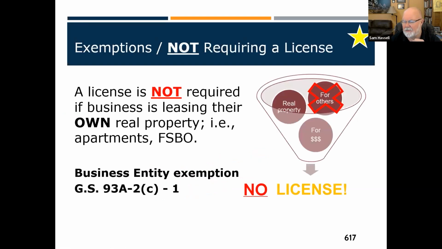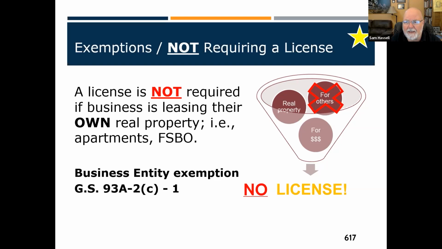So we have some exemptions to the licensing requirements. If I'm selling my own property, or I'm selling property that my business owns, I don't need a license. Technically, I'm selling it for myself. So I would be considered a for sale by owner, if you will.